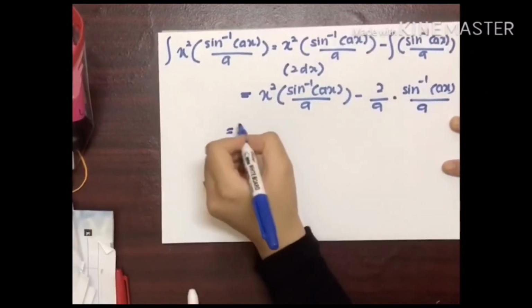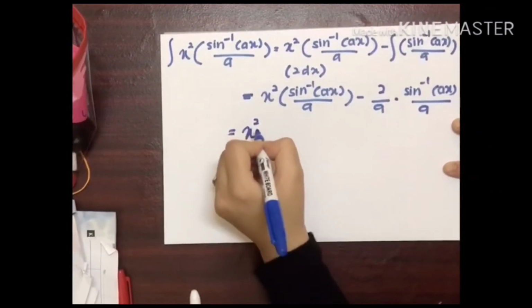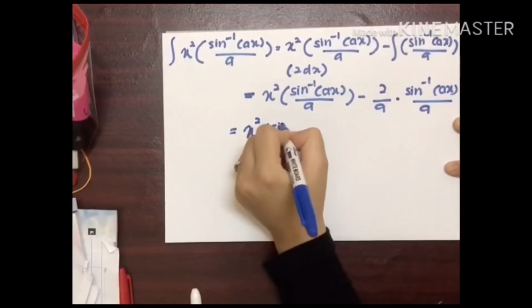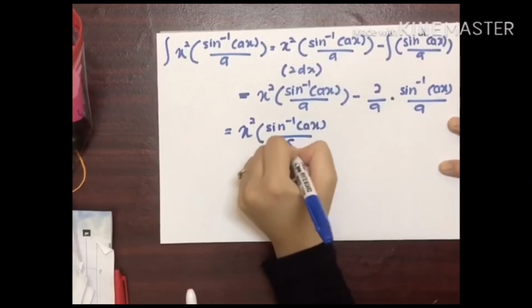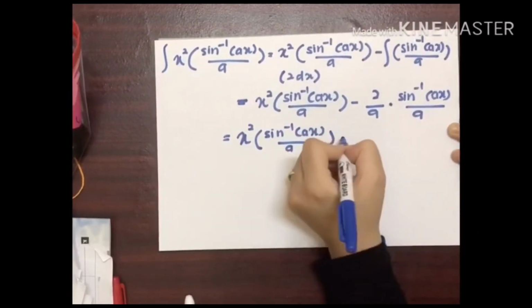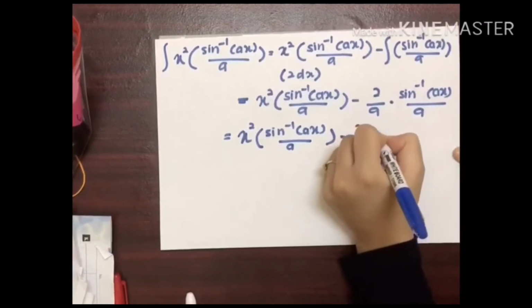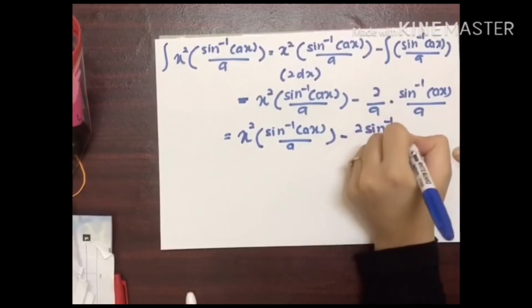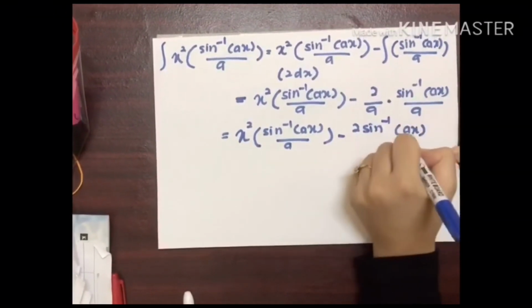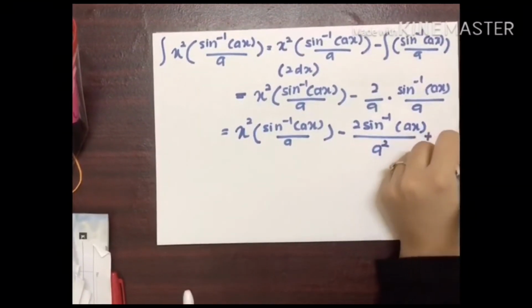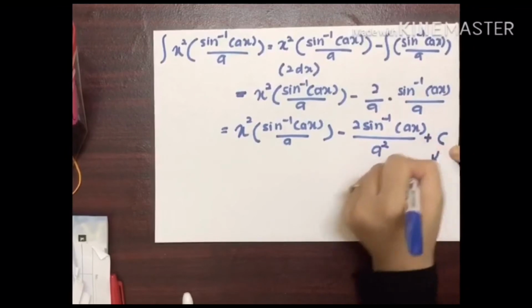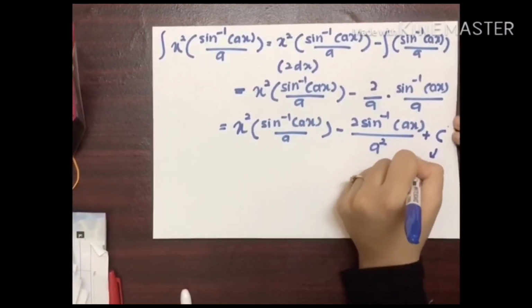The last answer will be x to the power of 2 sin inverse ax over a minus 2 sin inverse ax over a to the power of 2, plus c, constant.